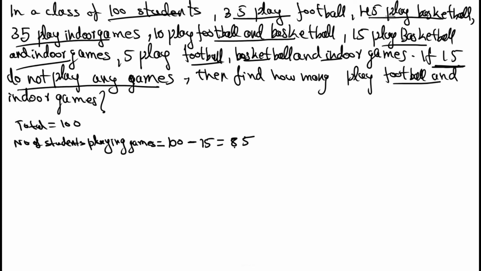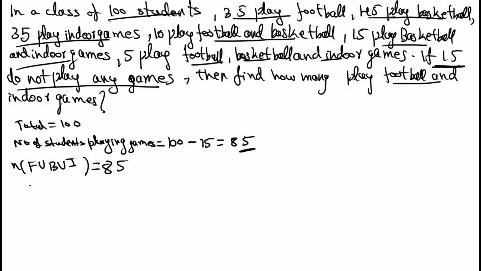Now 85 students are participating in games. n of F union B union I, with indoor games as I, is equal to 85, the number of students participating in any one of the games.